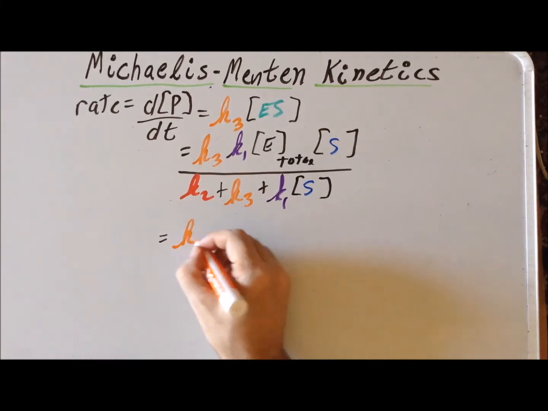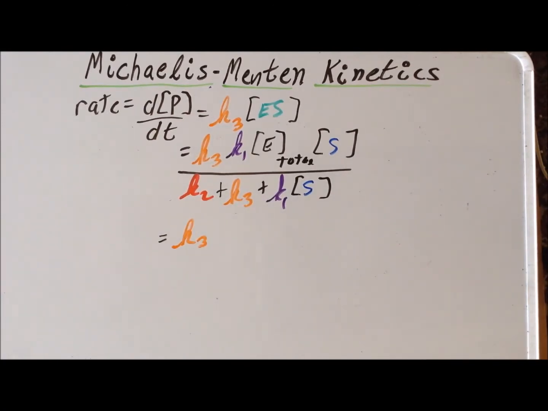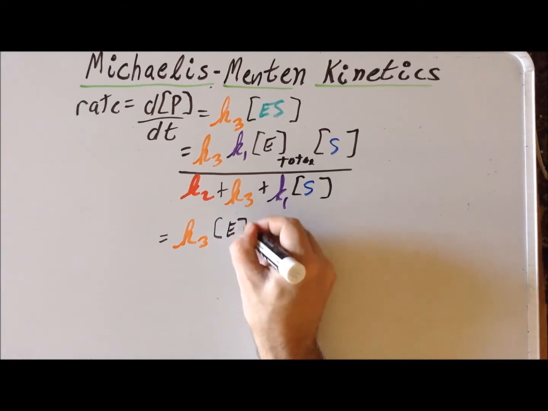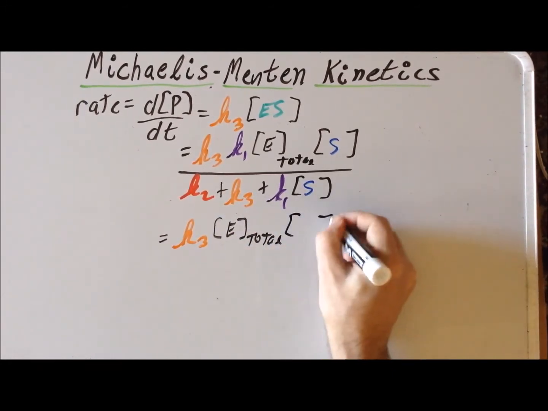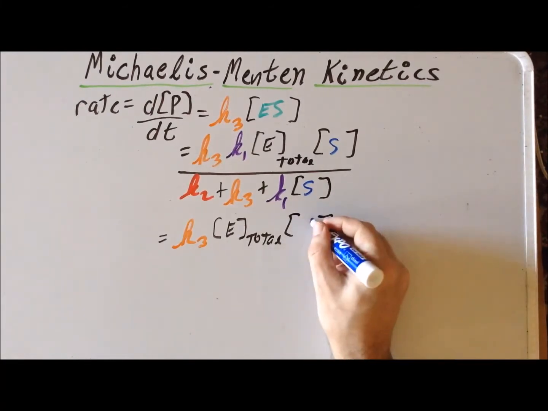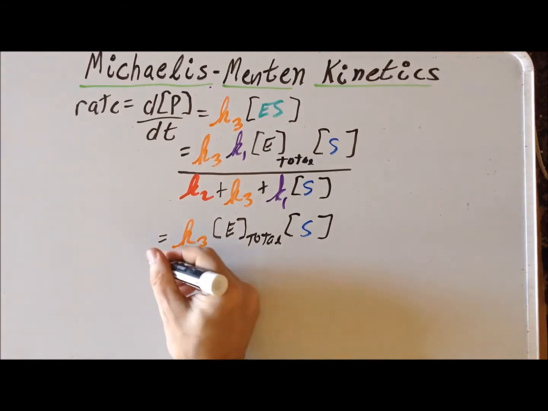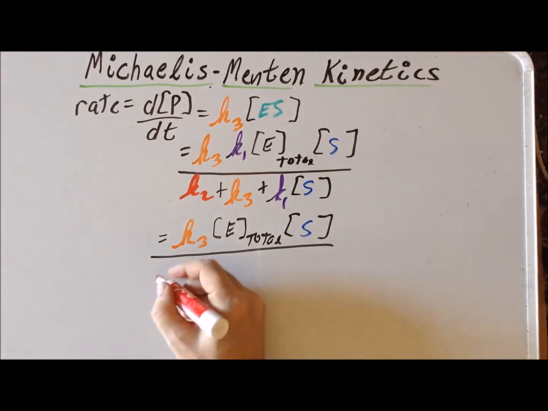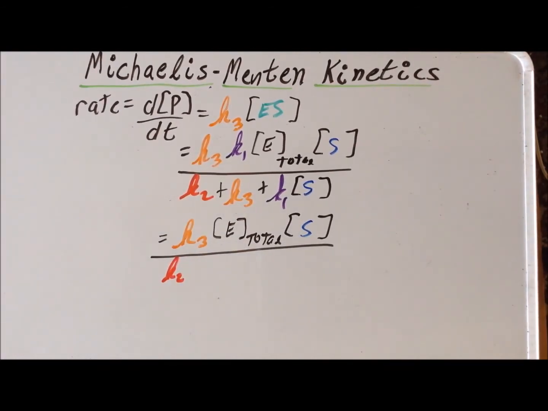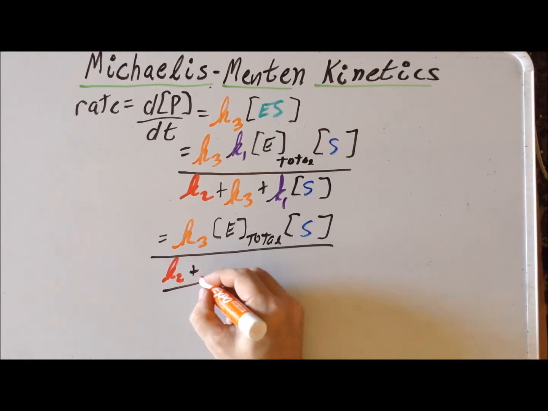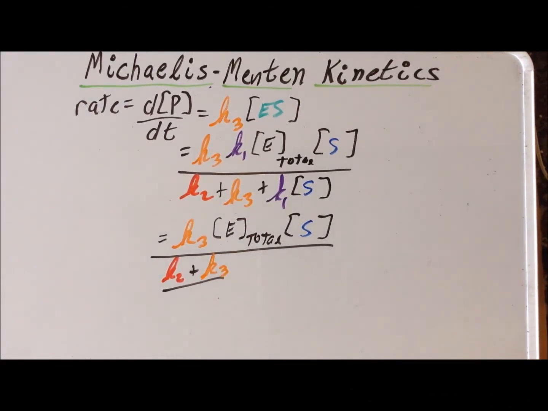If we do that, the numerator becomes K3 times the concentration of E total times the substrate concentration S, and then the denominator becomes the rate constant K2 plus the rate constant K3, divided by the rate constant K1, plus the substrate concentration S.